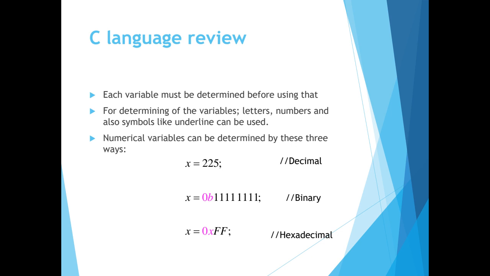Moreover, using space in the names of variables is not allowed, meaning that if you use space between the letters of your variable names, you will have an error in your program.